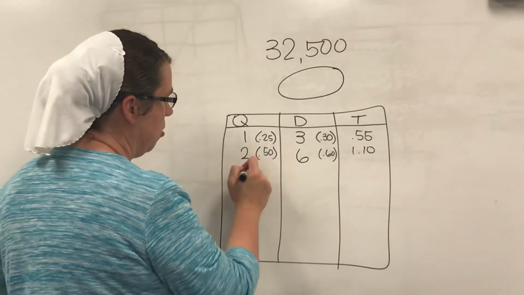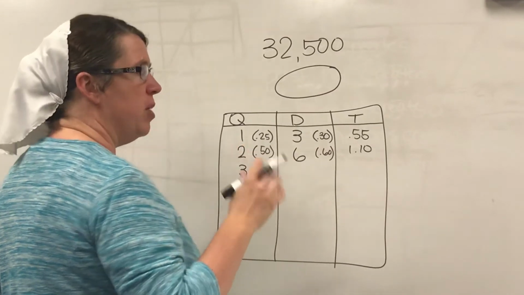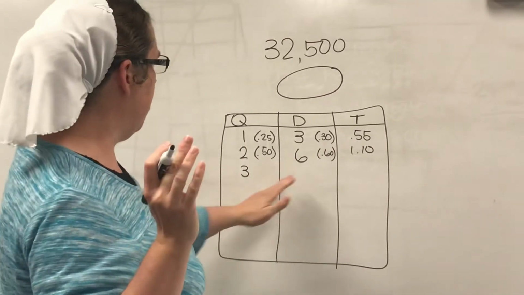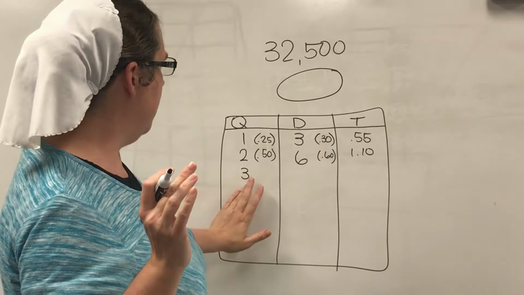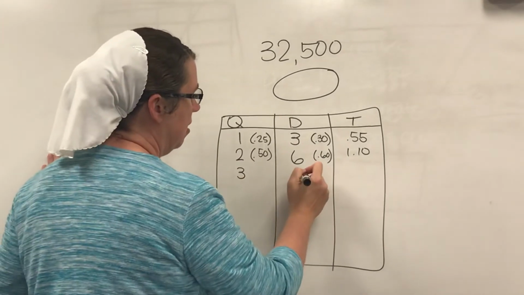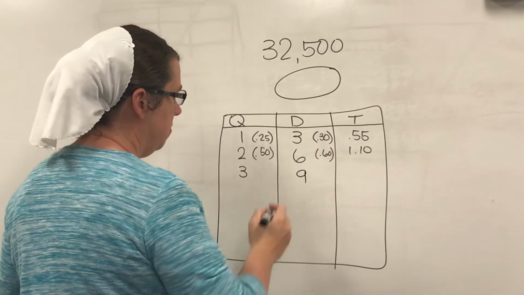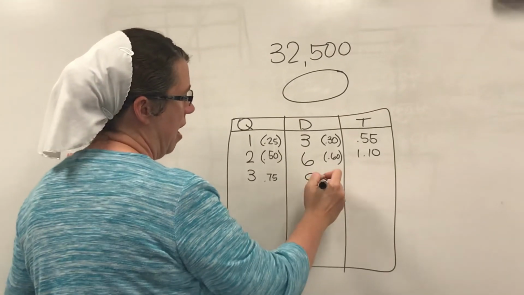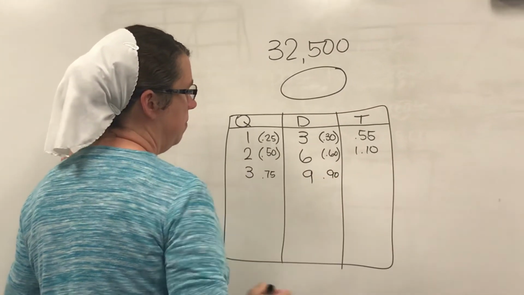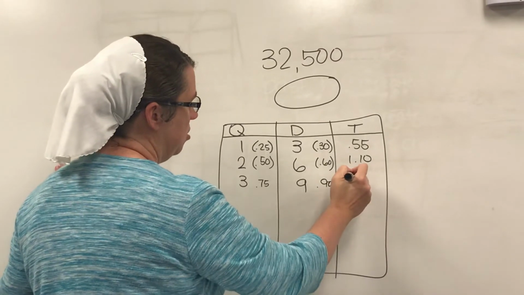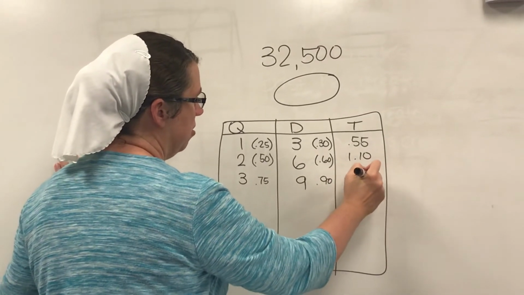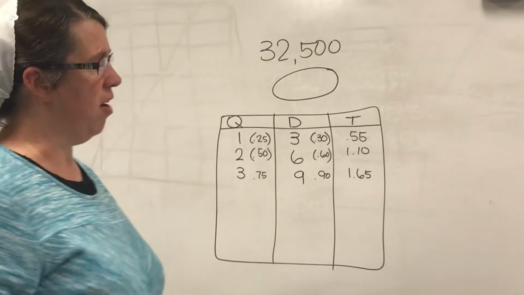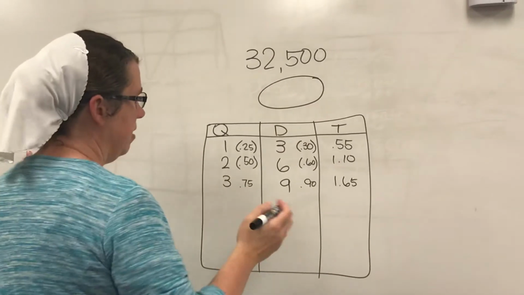All right, 3 quarters, 3 times, that means he's got 9 dimes. 3 quarters is 75 cents. 9 dimes is 90 cents. That means his total is $1.65. All right, see what we're doing?